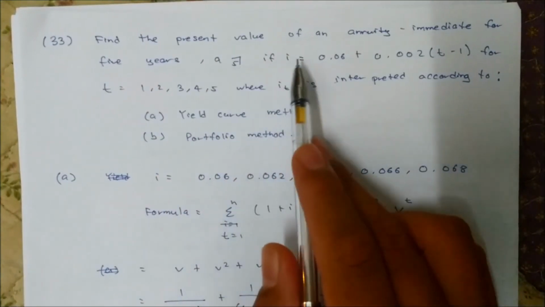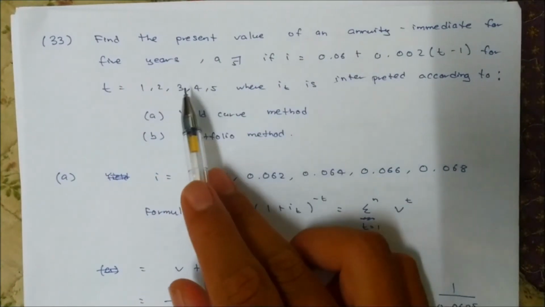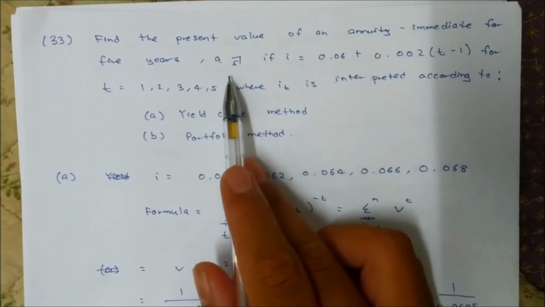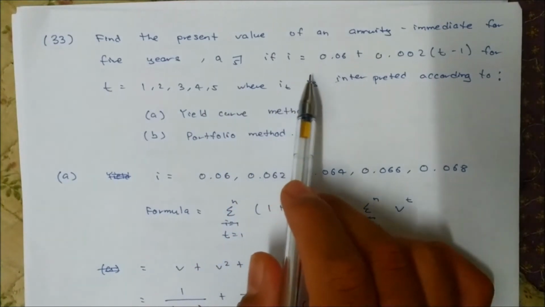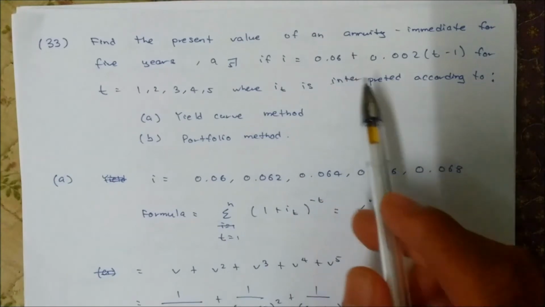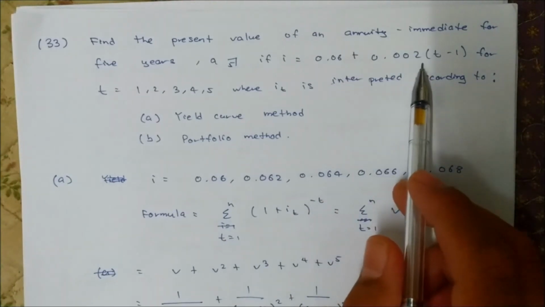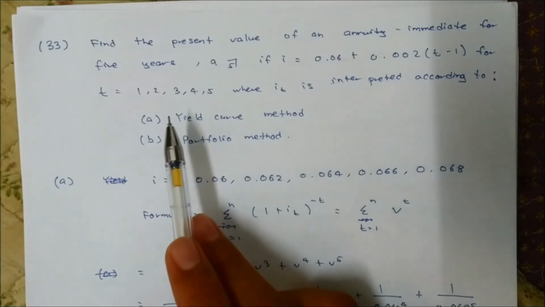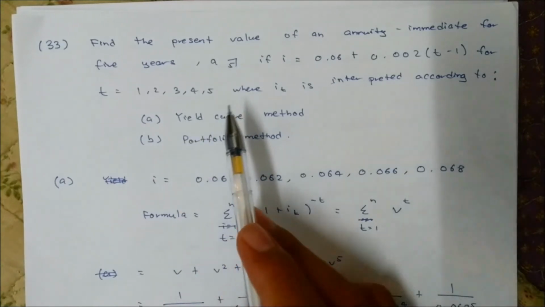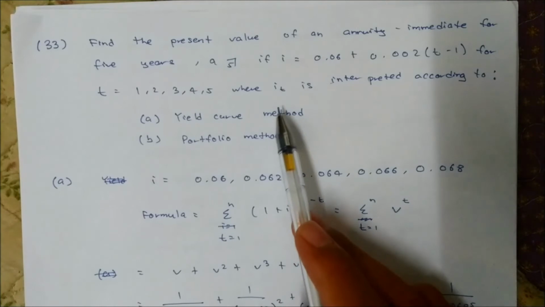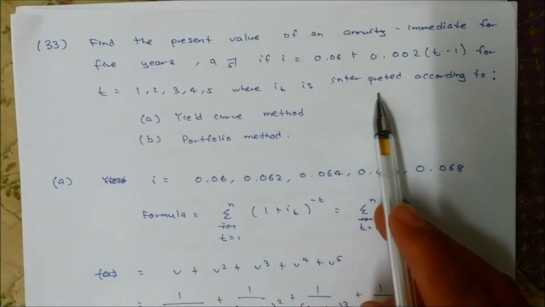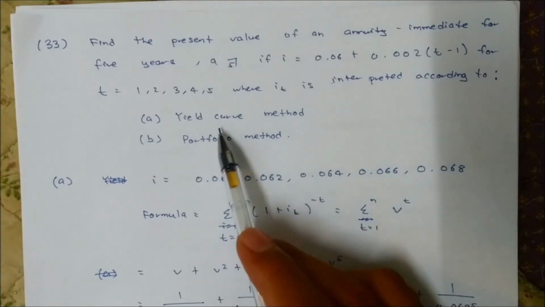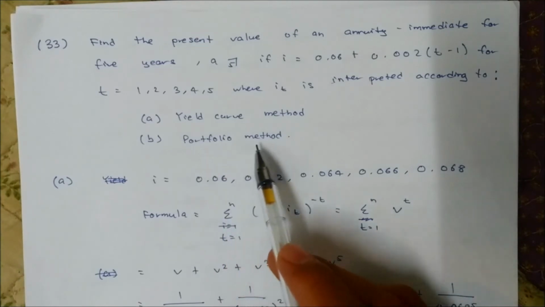Find the present value of an annuity immediate for 5 years, denoted by a angle 5, if i equals 0.06 plus 0.002 times (t minus 1) for t equals 1, 2, 3, 4, and 5 respectively, where t is interpreted according to A, the yield curve method, and B, the portfolio method.